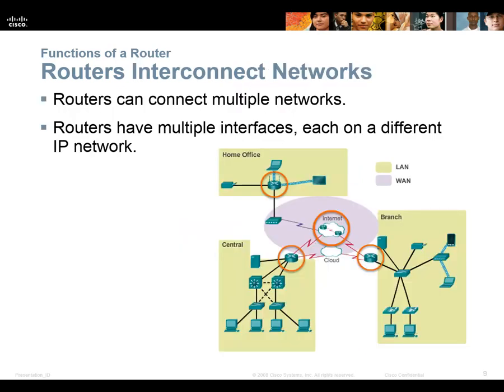So routers can connect multiple networks, and routers have multiple interfaces, each on a different IP network. It's important, since we're talking about routing now, to remember that we're moving from layer 2 up to layer 3. When we talk about routing, we're talking about routing IP traffic now instead of with VLANs where we were talking about layer 2 traffic.